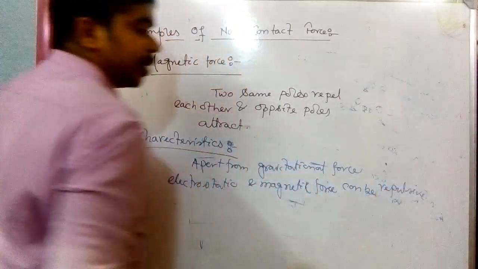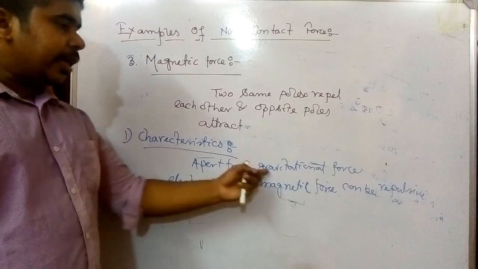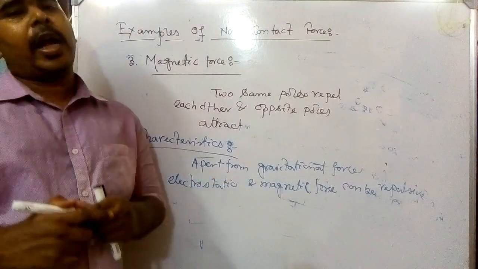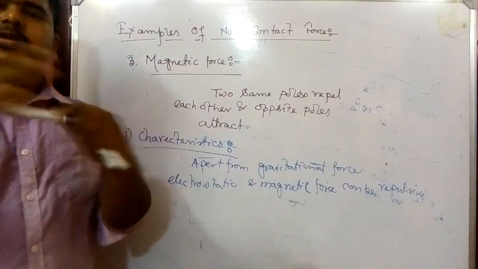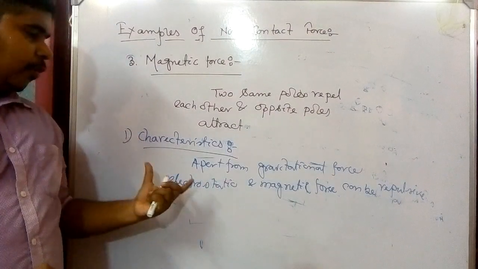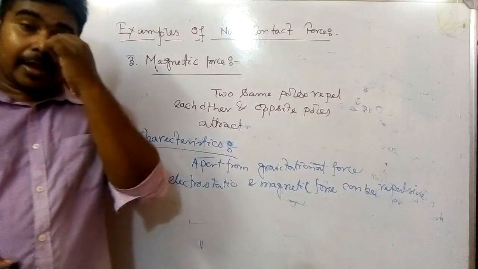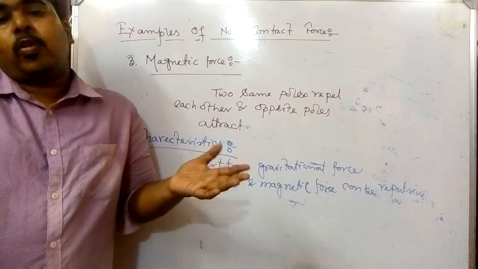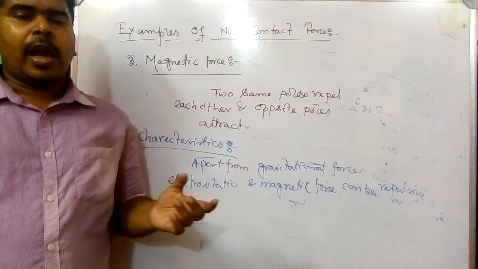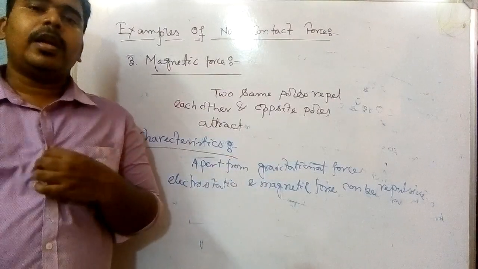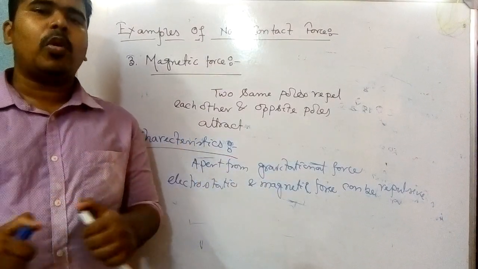Repulsive means there is repulsion. Gravitational force is only one kind of force, only attraction occurs. But for electrostatic force and magnetic force, we have seen that there may be attraction if there are opposite charges or opposite poles, and in another case there will be repulsion if there are same poles or same charges.